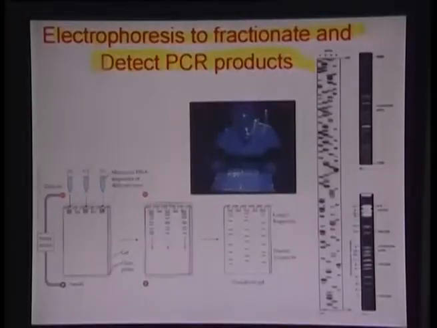So one of the ways of comparing this length is to run it parallel to something called the DNA ladder. A ladder essentially is the same concentration of different fragment lengths starting from, let's say, 100 base pairs all the way to about 1000 base pairs, with a difference of about 100 base pairs.